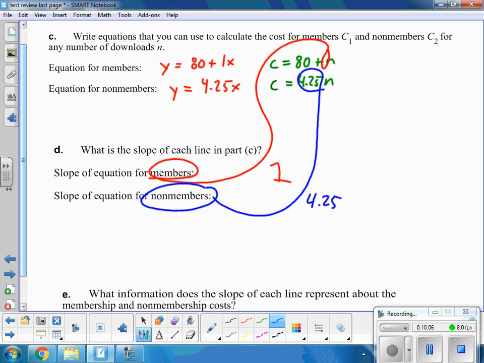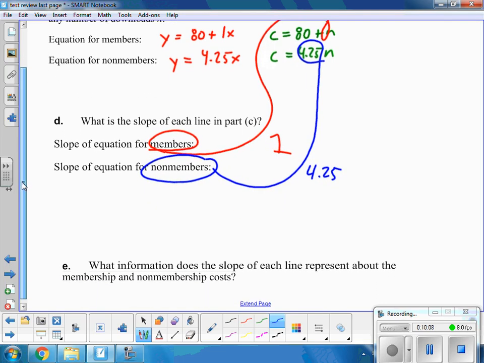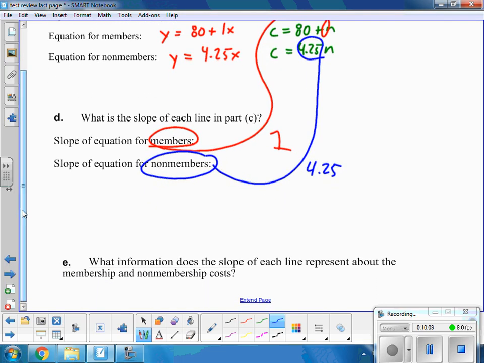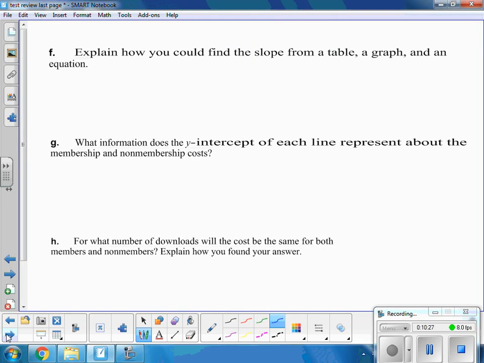Okay, and that just really tells me, like on E here, what does that slope tell me? It tells me how much per download. So for members, it's $1 per download, as we can see here. And for non-members, it is $4.25 per one download. And to answer that question correctly, I'm looking for per one. So how much for each one, for each download?